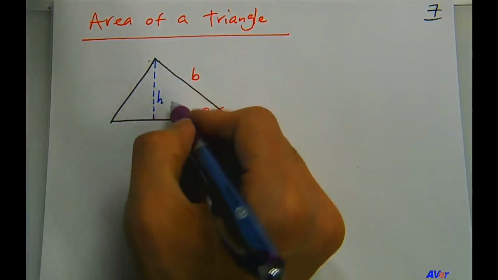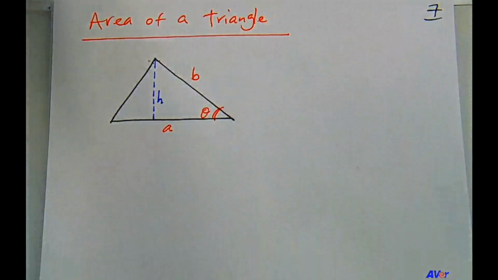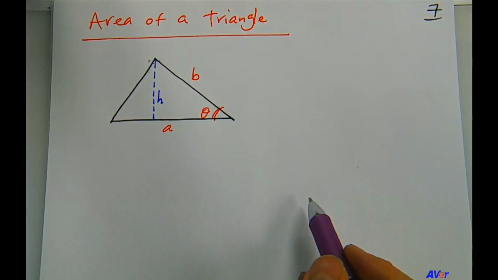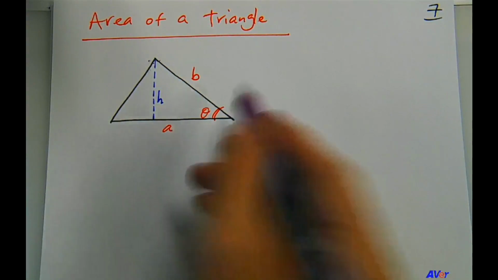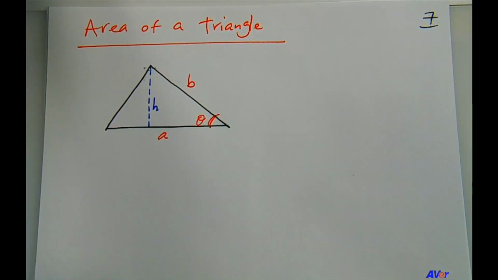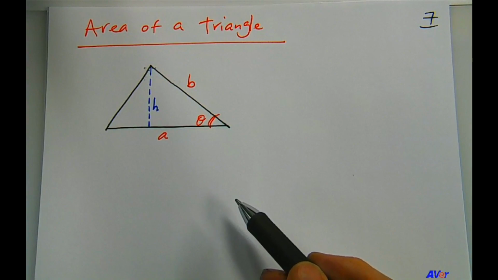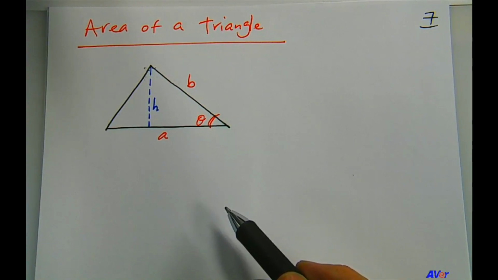And let's say this side we are told is equal to a, this whole base. So let's look at, let's see, ab sine of theta.